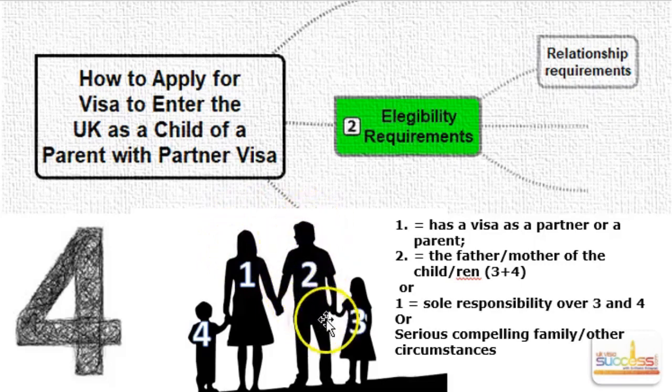Secondly, where the father or the mother, the second partner, is the child's or the children's natural father, or the applicant number one and the parent with a visa has sole responsibility over the children, or there are serious and compelling family or other considerations which make exclusion of the child or children undesirable, and suitable arrangements have been made for the child's care.